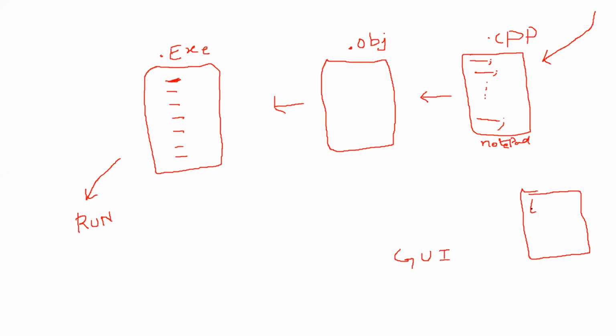The error code is shown, and you have to remove that error first. Then the translation procedure continues. Otherwise, the next line cannot be translated or executed. So in an interpreter, the lines are translated and executed simultaneously.